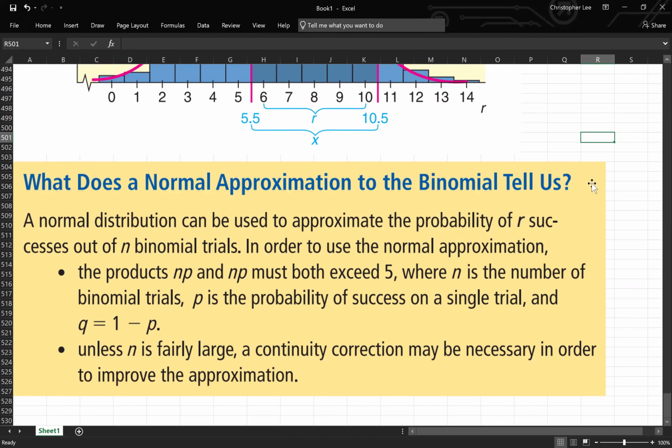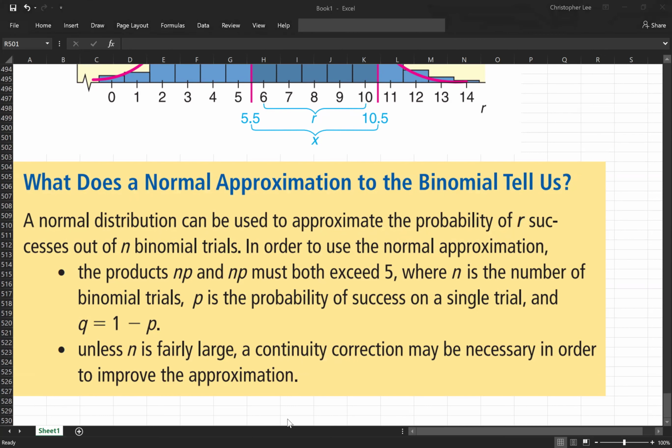Unless n is fairly large, a continuity correction may be necessary in order to improve the approximation. So that's the deep dive.